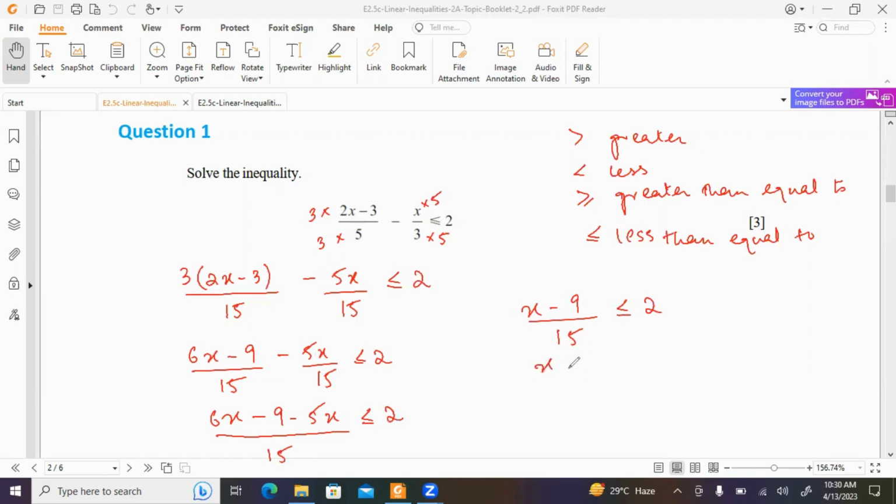Cross multiply, so it's x - 9 less than or equal to 2 times 15, which is 30. Now we take the 9 to the other side, so it's 30 + 9. So x is less than or equal to 39. That's your answer.